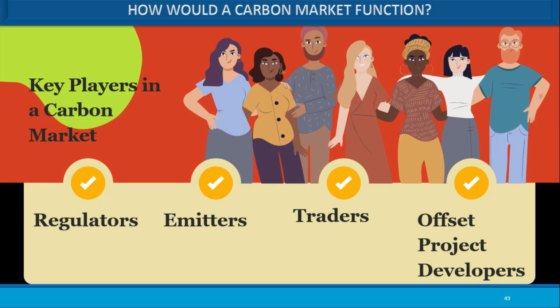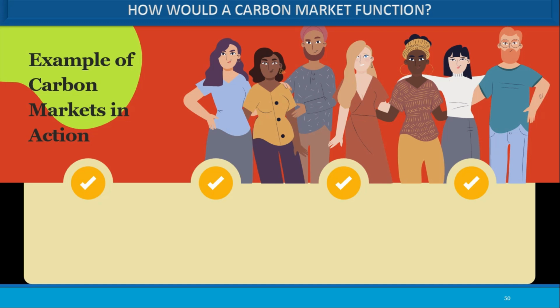Now we must know some examples of carbon markets in action. The European Union Emission Trading System is the world's largest carbon market. It covers plants, industries and airlines within the EU. A cap is placed on emissions, and companies trade allowances to meet their limits.